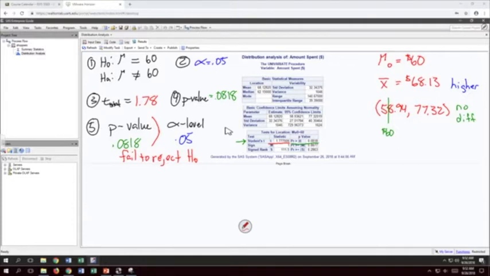This isn't quite a technical explanation, but I'm trying to put it together for you. So the cutoff is saying, I'm willing to make this mistake this many times. If our probability doesn't meet that, then we fail to reject our null and say, let's be safe, let's keep our null hypothesis.